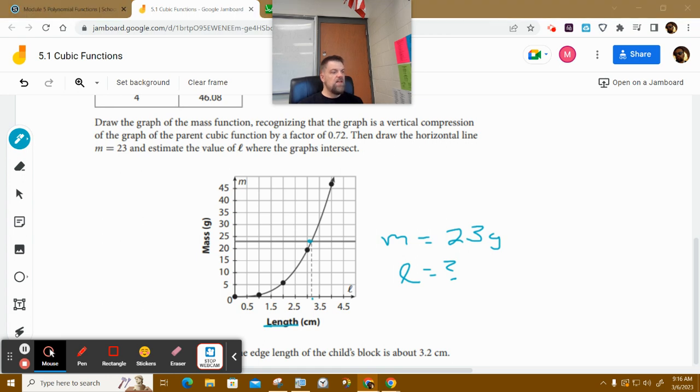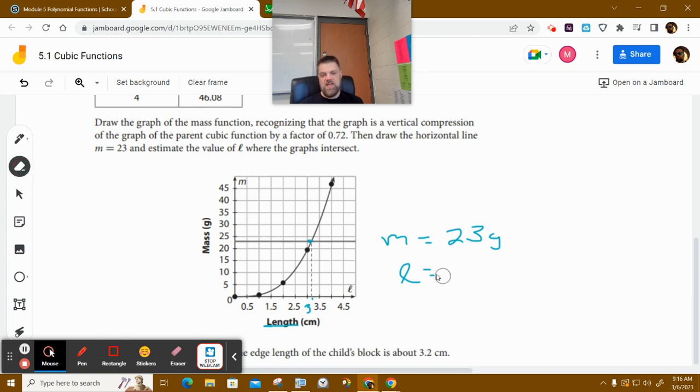So then what's the next step? If you were to guess, where do you think that intersects? I'm going to give you a clue. This is about 3 here, right? So I would say that the length is probably about 3.2 centimeters. Let me change this.